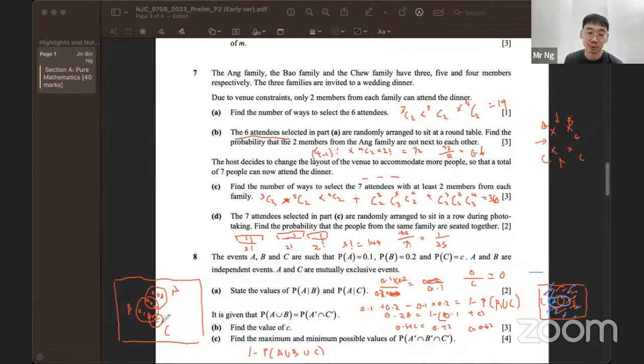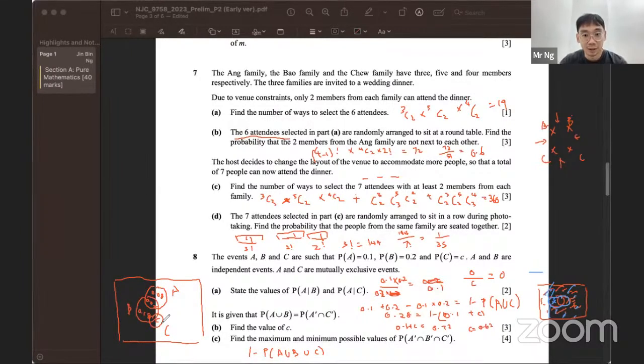The rest are pretty much fixed. That gives you an idea, and then we can play with that to get the maximum and minimum possible value.